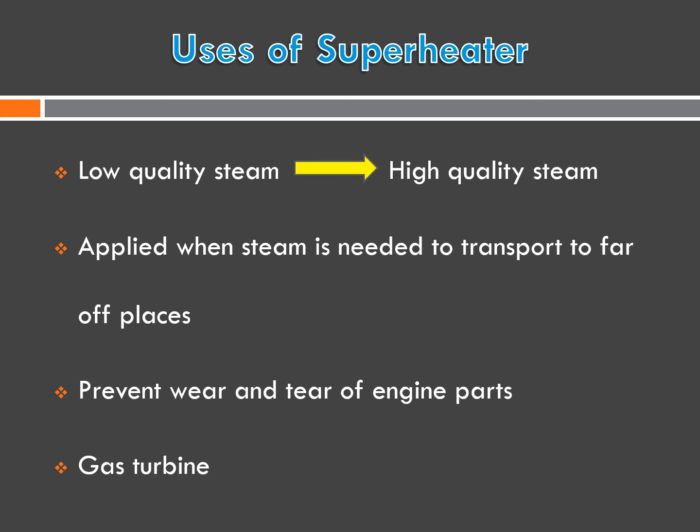This increases the efficiency of a certain process or machine. To conclude this slide, a superheater acts as a great tool to increase the thermal energy and thermal efficiency of a steam and its turbine. Thank you.